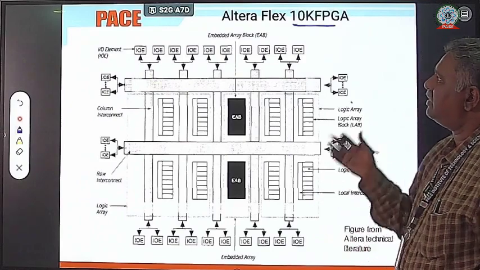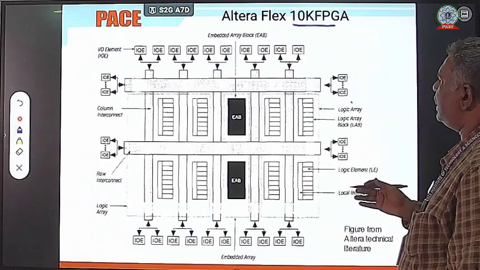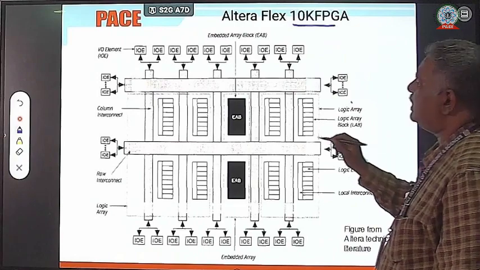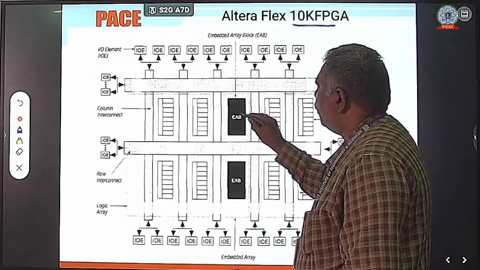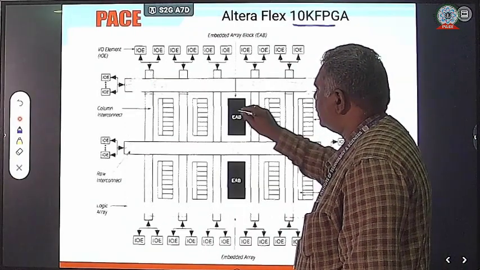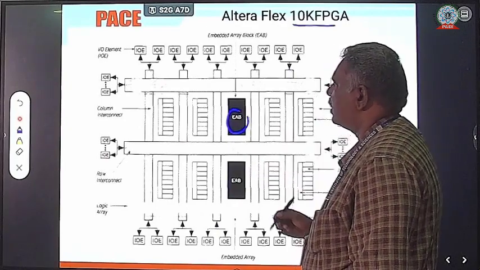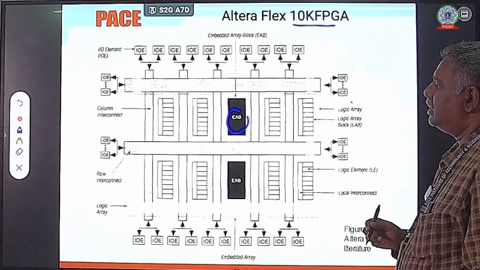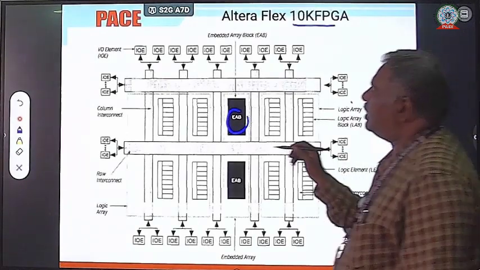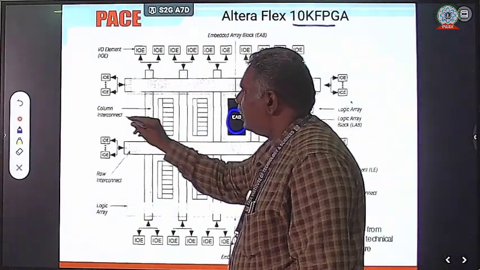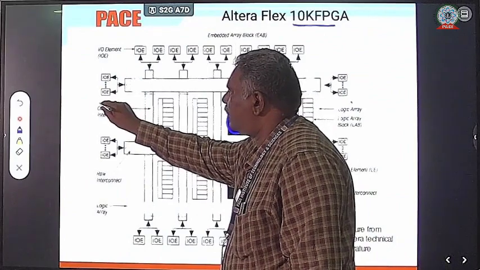What is the difference between 8000 and 10,000? Additionally, we are going to have one more block called EAB, and similarly we are going to have interconnects. What are those interconnects?